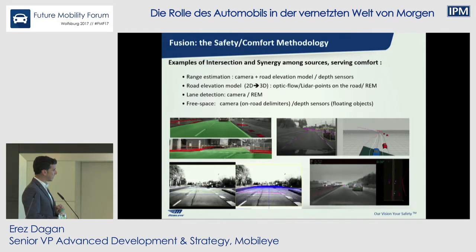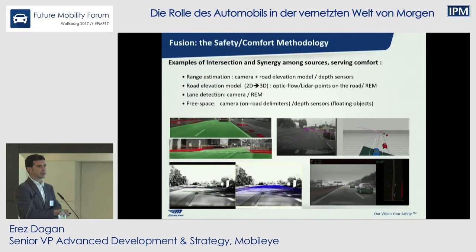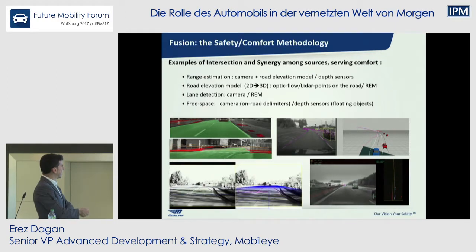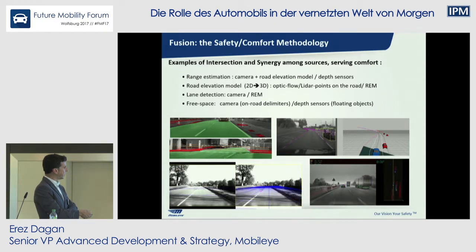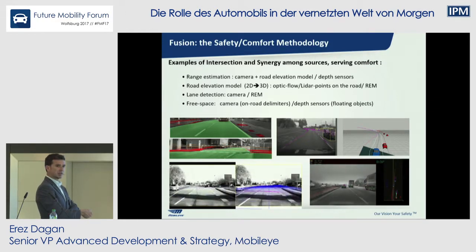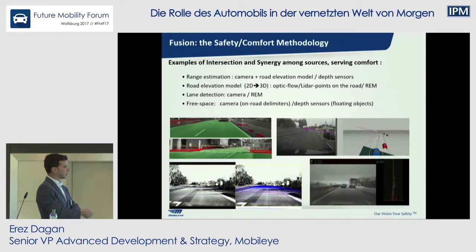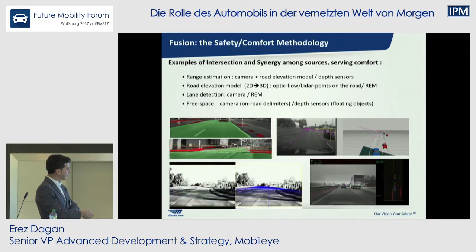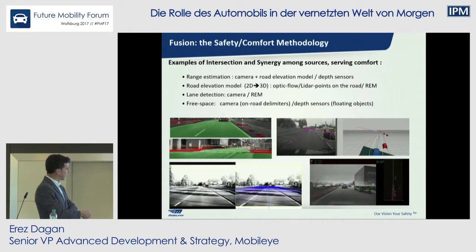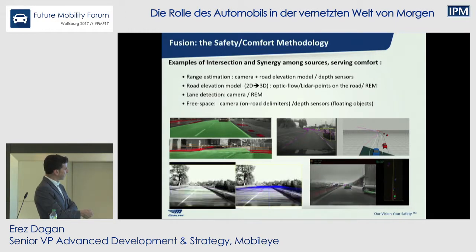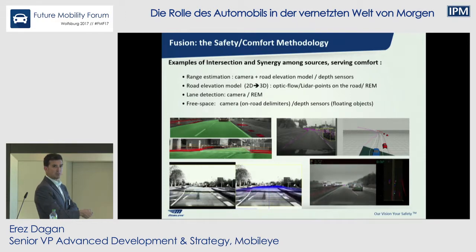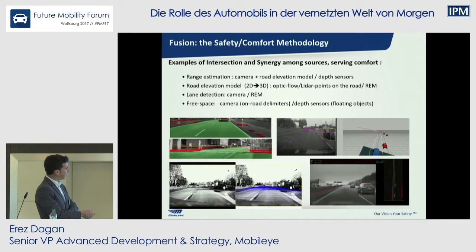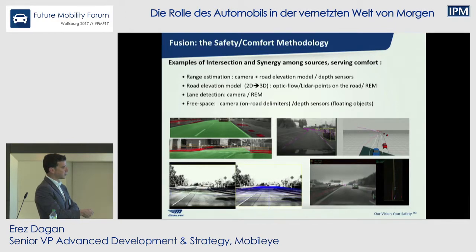Some more nice examples: free space detection, boundaries of where you can drive. The camera, in this case, was going all the way green, but it's hard to see, there is a bar here in the entrance. And the LiDAR sensor captured it. So you can see there's a white line here that captures the synergy between them. On the other hand, a camera is very good at perceiving this textural boundary that's not part of your drivable area, but no depth sensor can tell you that.